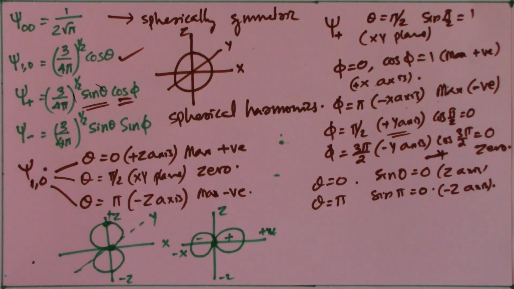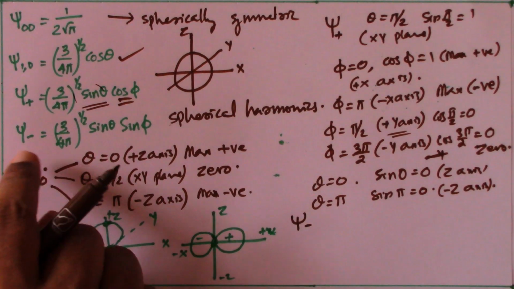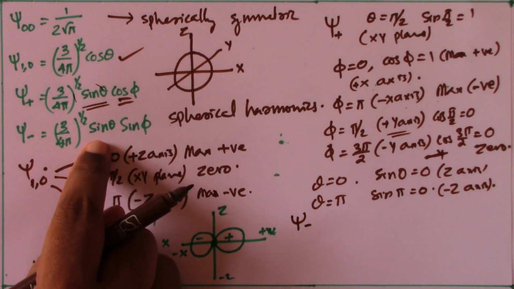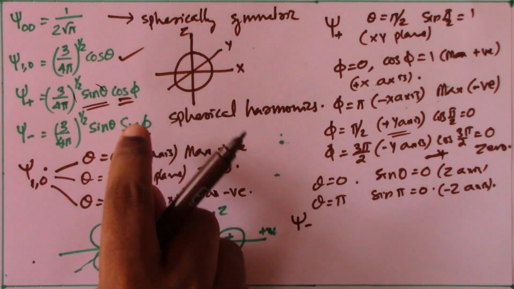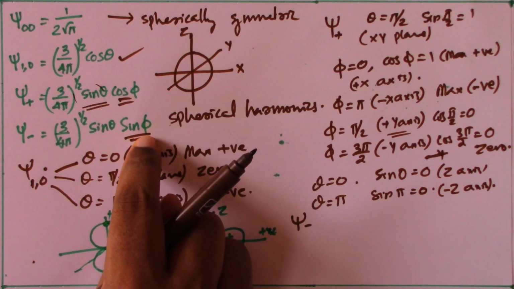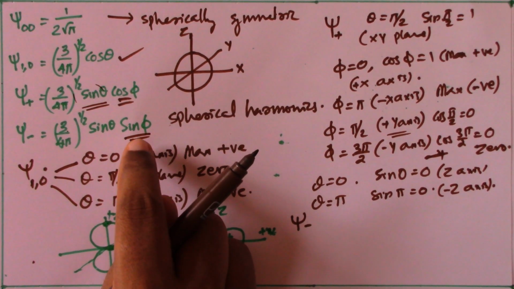Now we have the third function, that is psi minus. Psi minus is (3 by 4 pi) raised to half sine theta sine phi. With respect to psi plus, the difference is only in sine phi. So we can only consider what happens in terms of phi.